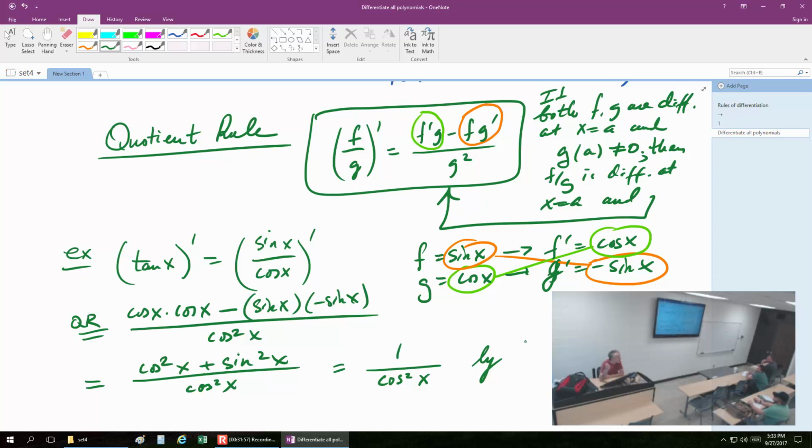Go back. Well, this is my picture. So the angle is x, and then this is cosine x, and this is sine x. If the angle is x, and the hypotenuse is 1, then one of the sides is cosine x, and the other one is sine x. So then what's the meaning of the formula we just applied?